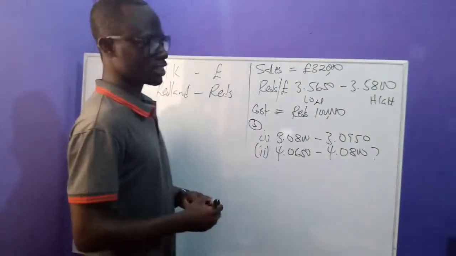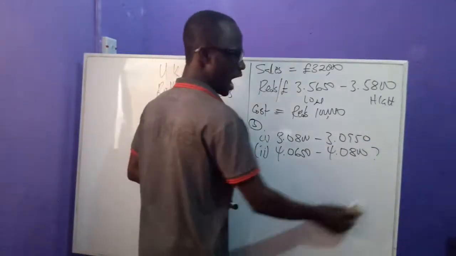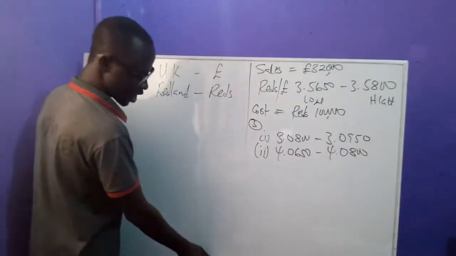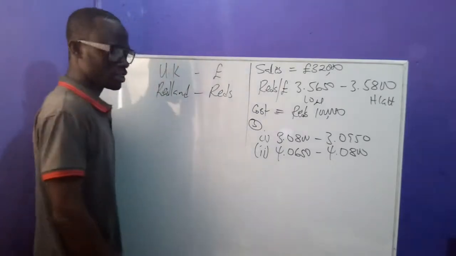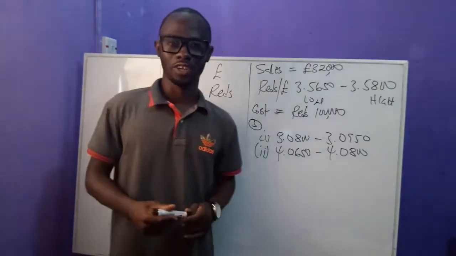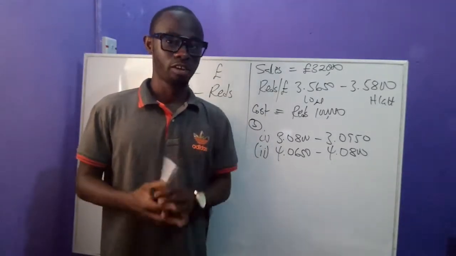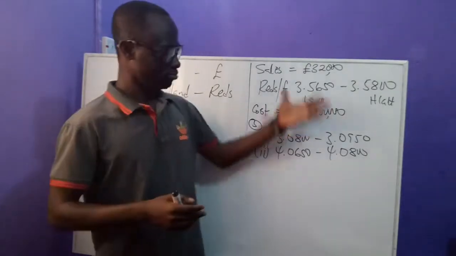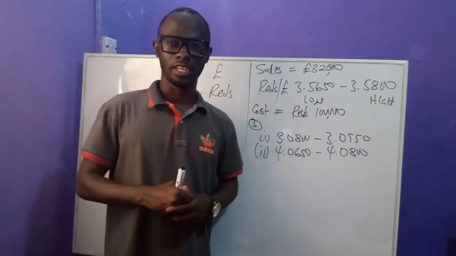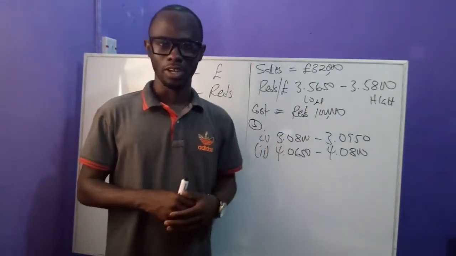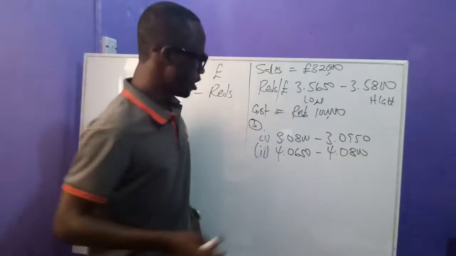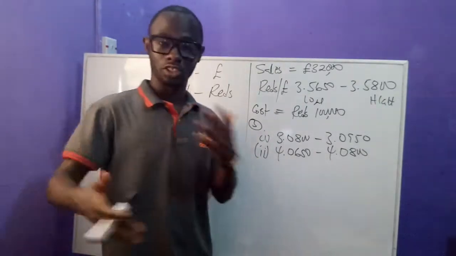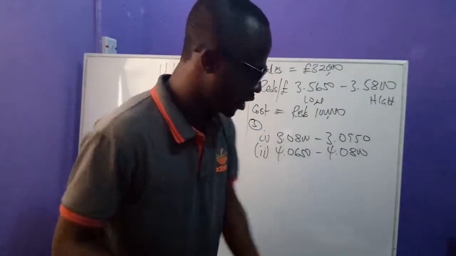So the examiner is asking us what will happen if the exchange rate has moved to this. Alright, so let's look at how we can solve the question together. I guess you can try this question. So if it is possible, pause the video and try the question, then we can continue with it. Right, so how did you go about it? Were you able to try it? Let's solve it together and see what is happening.